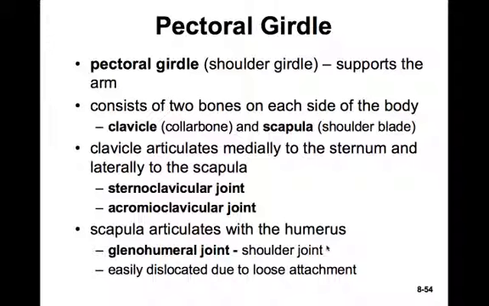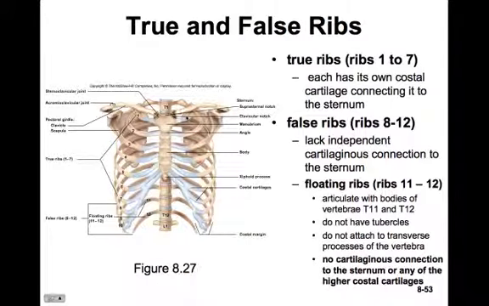The clavicle is going to articulate medially to the sternum and laterally to the scapula. We'll have on one end the sternoclavicular joint and on the other end the acromioclavicular joint. This picture illustrates that nicely.